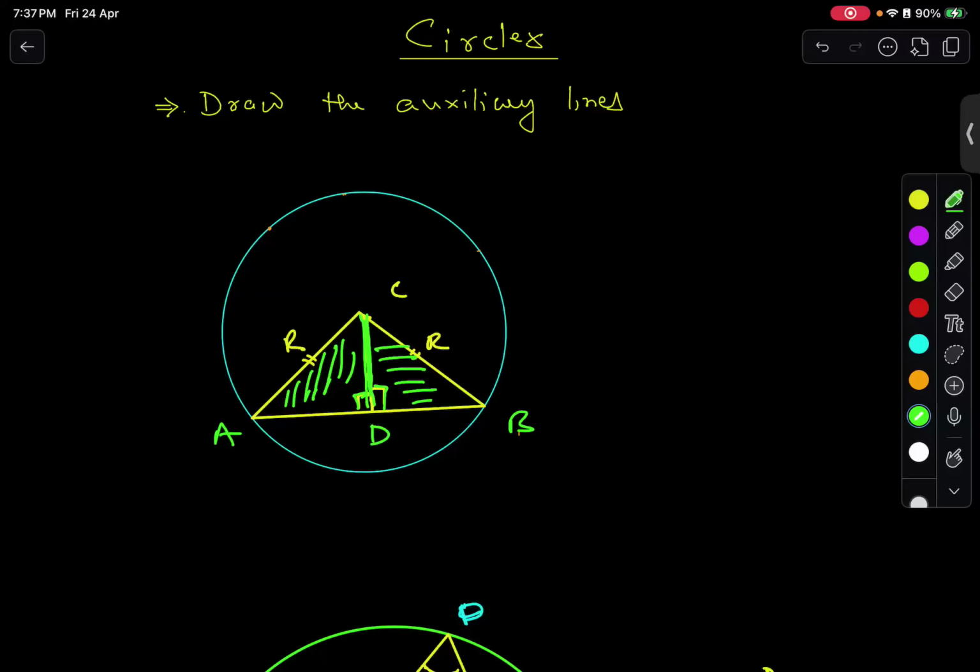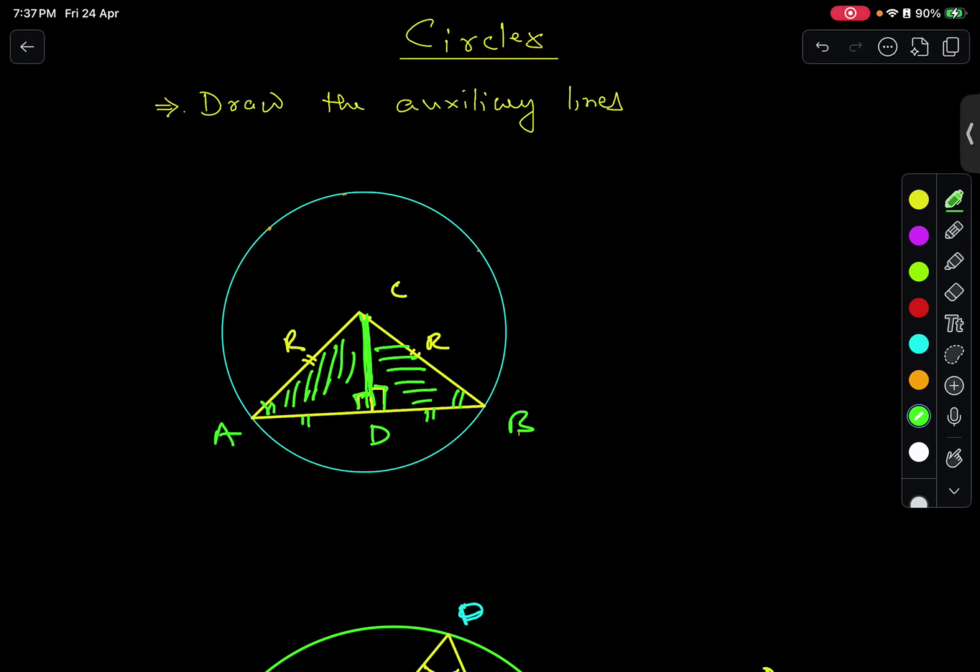Both are congruent, having the same everything. So AC will be BC, AD is the same as BD, and CD is again the same. And the angle here and the angle here will be the same, so we can map this. Got it, sir.